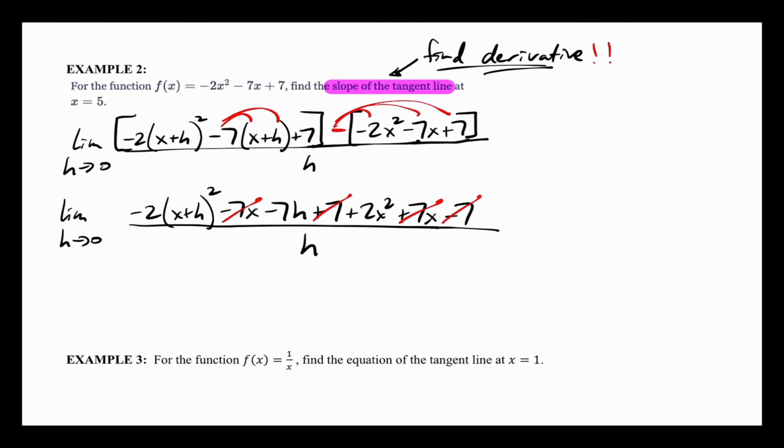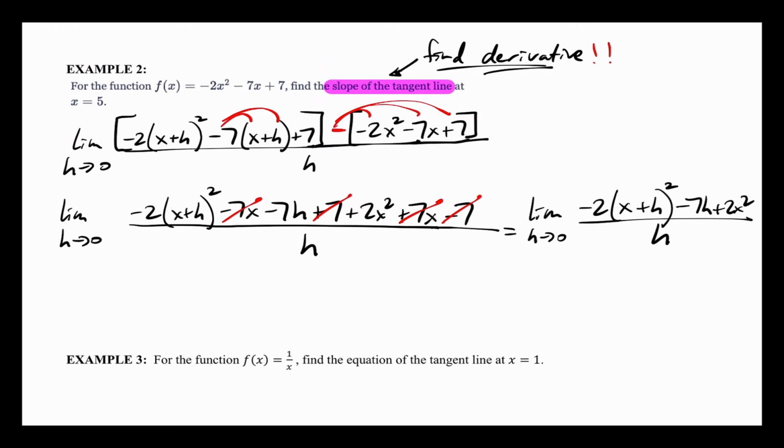Okay, so what do I got so far? Let's see. The limit as h approaches 0, I have a negative 2 times (x plus h) squared. I have a minus 7h and a plus 2x squared. Right? Am I missing anything? I think that's all. Everything else canceled out, right? Okay. Plug in 0 for h.